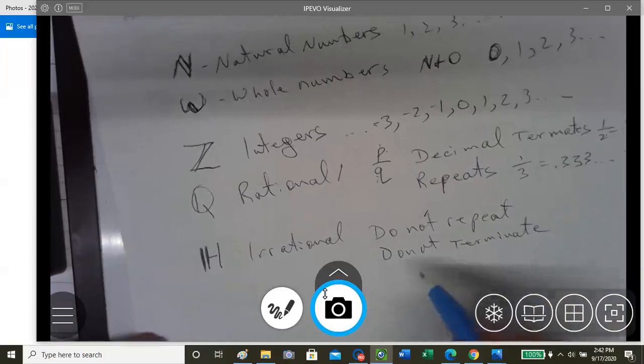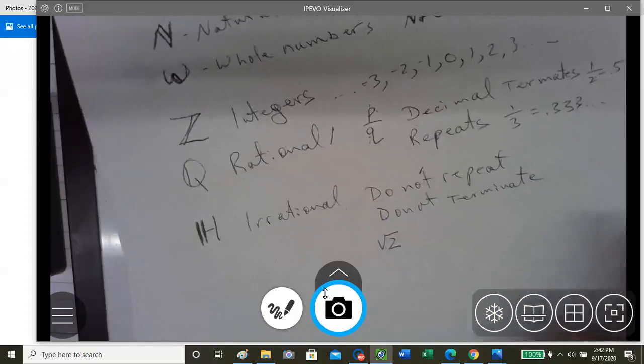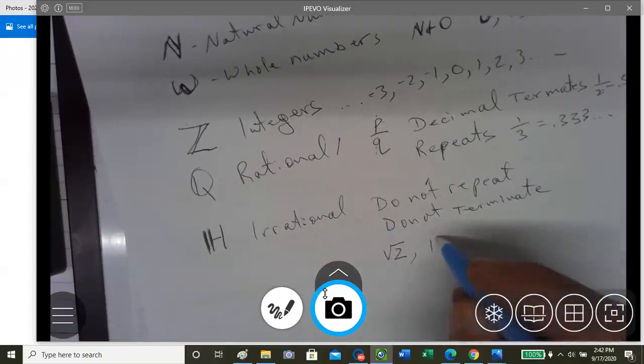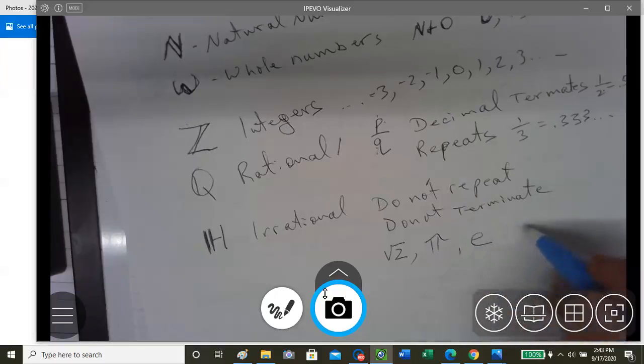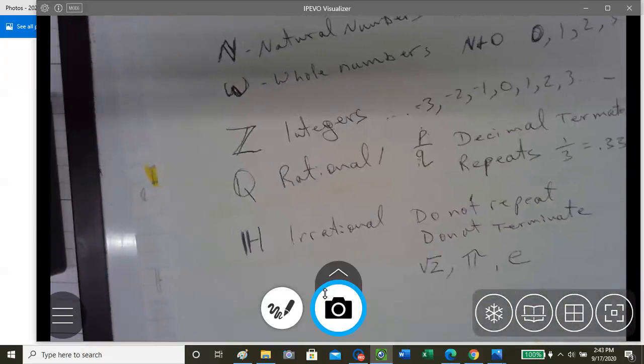Some examples of irrationals are square roots that don't simplify completely, like the square root of 2. Pi is irrational, 3.14159, and it goes on forever. E, 2.71, goes on forever. Those are examples of irrational numbers.